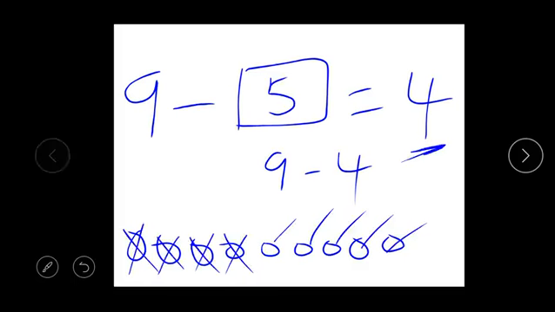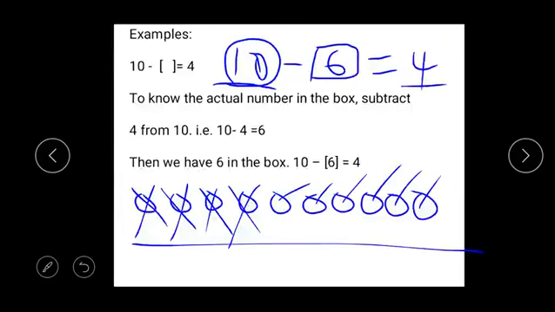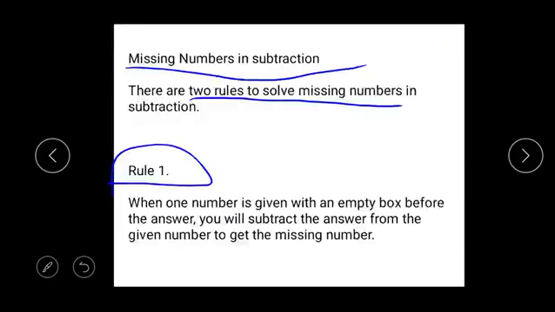So always remember that when one number is given with an empty box, minus an empty box, before the answer is equal to, they've given us an answer, and the answer is 1.